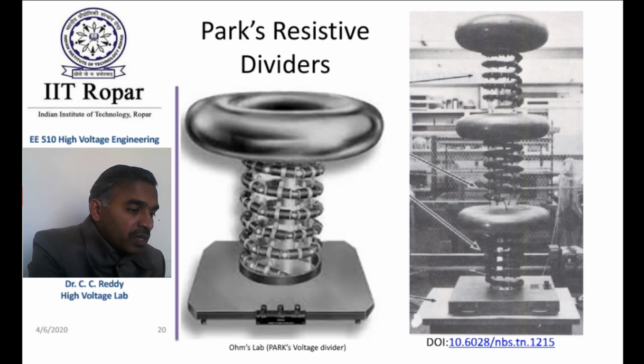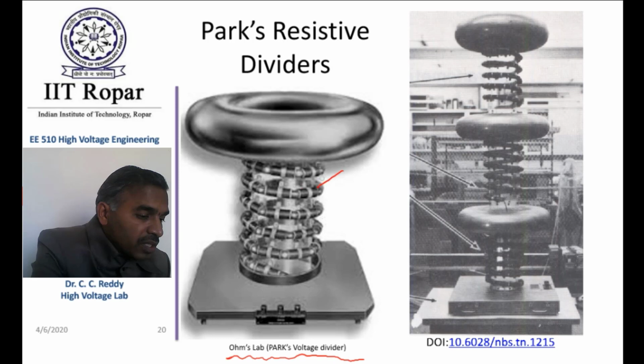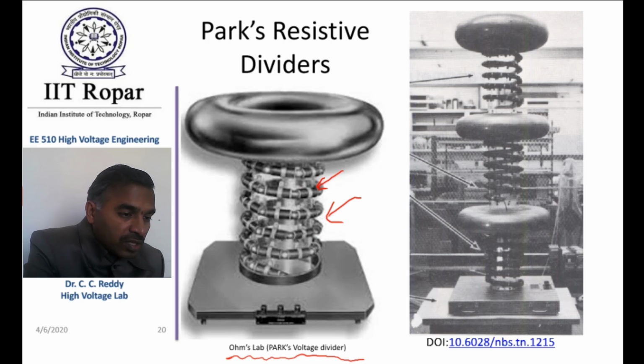So these are Park's resistive dividers. This is built in Ohm's Lab. You can see the resistors here, and this helical structure you can see here, and this is also another one.